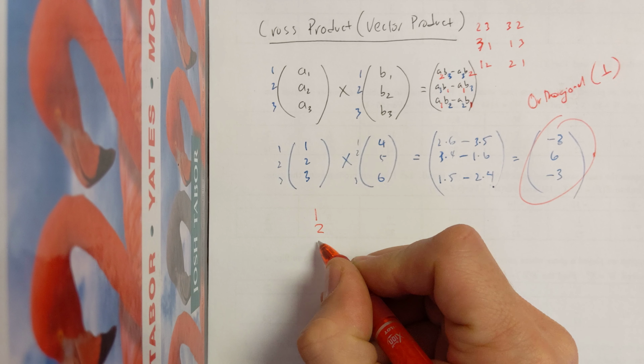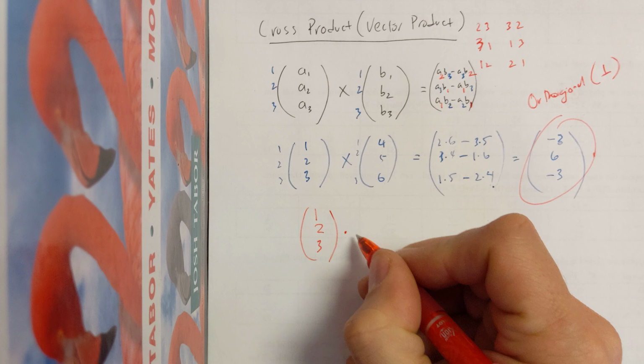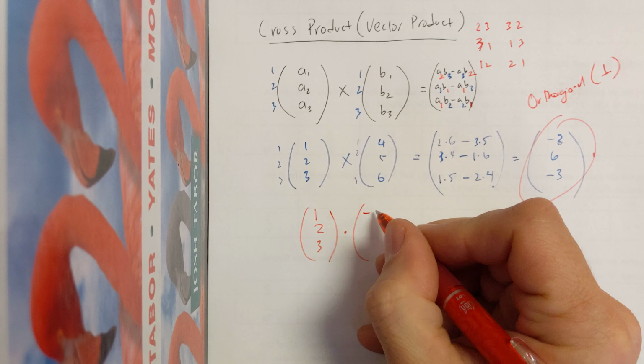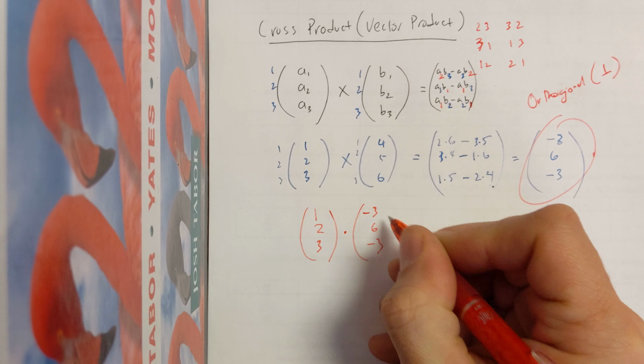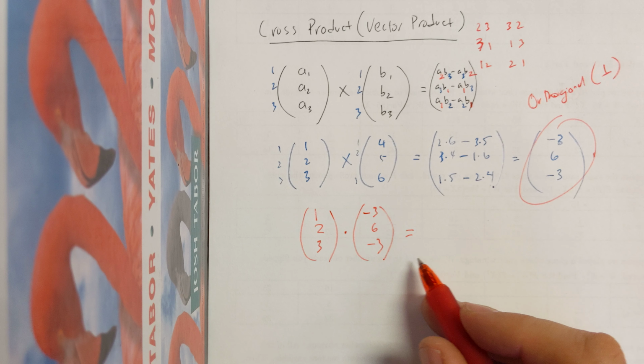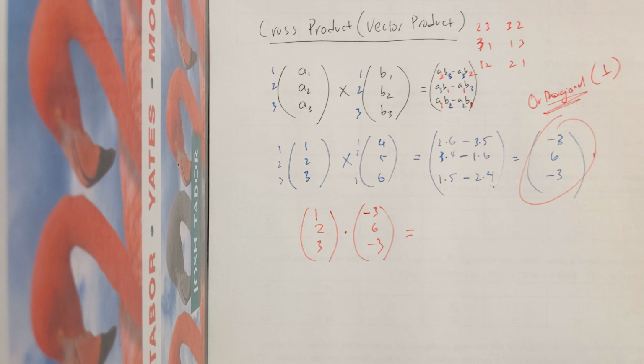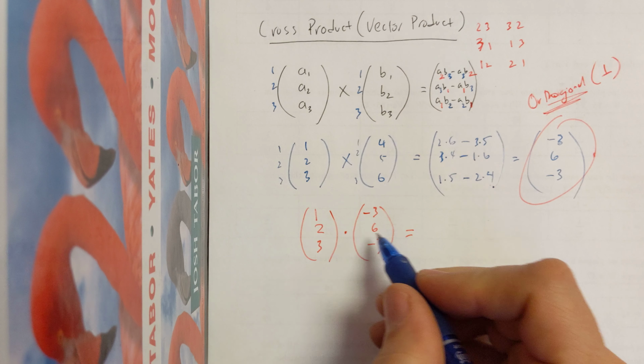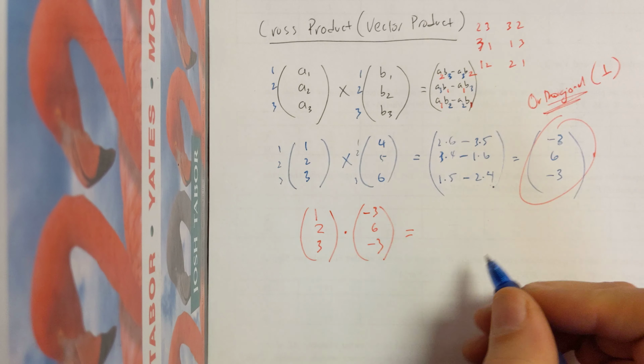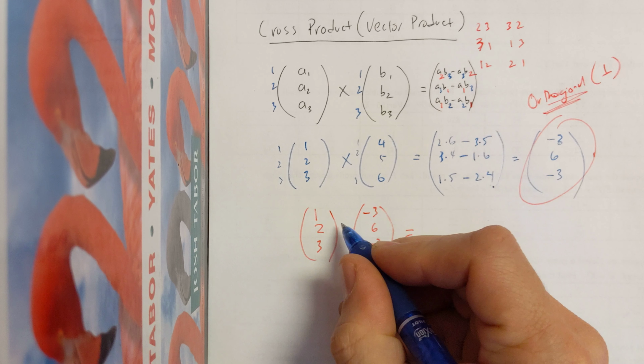So if I did 1, 2, 3 dot negative 3, 6, negative 3, that should come out to 0 if they are in fact orthogonal. So let's check. To do the dot product, we just multiply across: 1 times negative 3, and it's a scalar product, so we just get a number here.